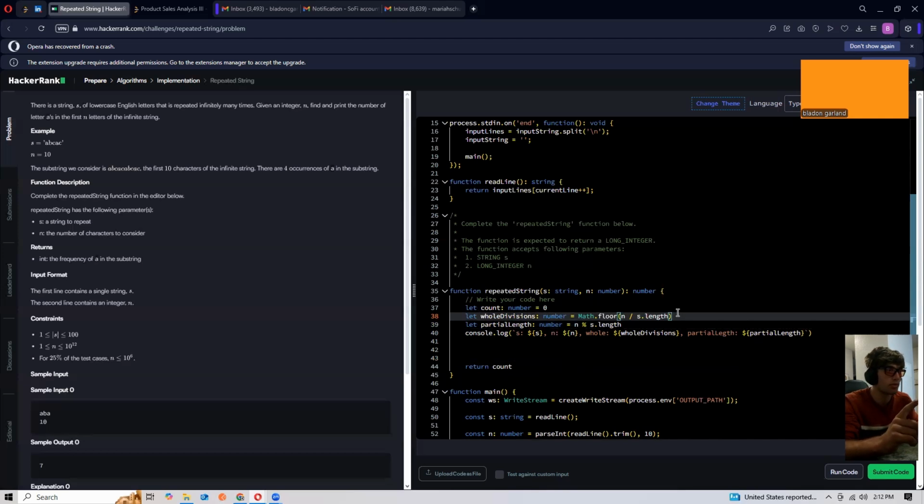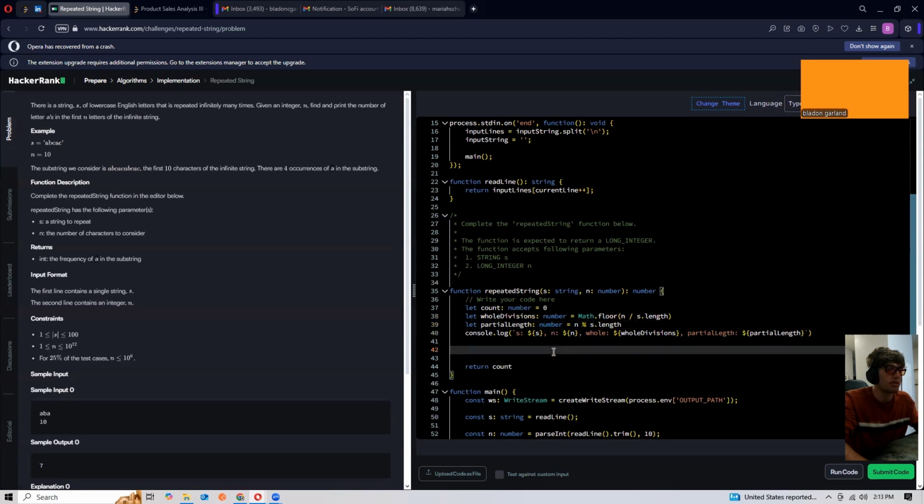So for example, going back to our example of a string length of 5 and n of 12, the partial length would be 2. And I would like to find how many A's are in the first 2 characters here. And in that same loop that iterates over the string, I would also like to know how many A's are in the entire string. And I would like to do that without any redundancy.